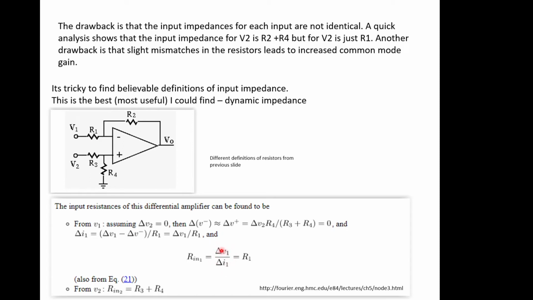So it's the rate of change of voltage with current that we would define as an impedance. That's probably the most useful definition if we're looking at AC signals with these things. So we can say that the input impedance of this is, this is a different definition to the previous slide.